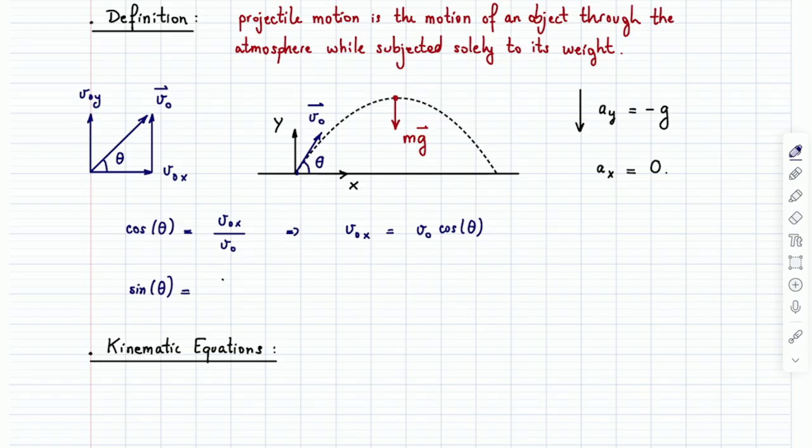It's okay, just write sine theta. Sine theta is opposite, which is v0y, divided by hypotenuse, which is v0. So v0y is v0 sine theta. And that's important because that's going to also answer this other question, which is how do we know what to put into the kinematic equations to set them up?